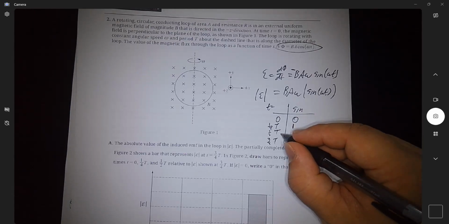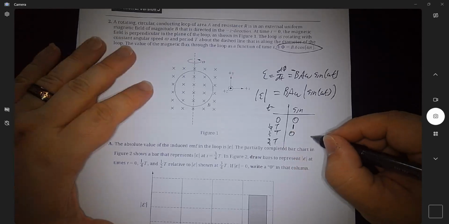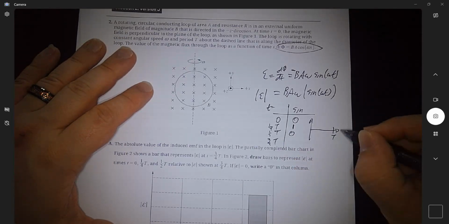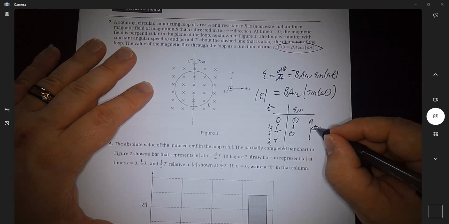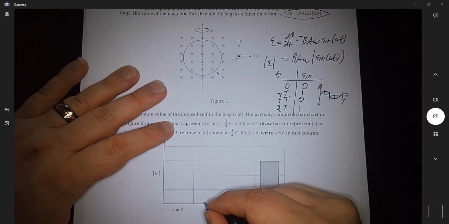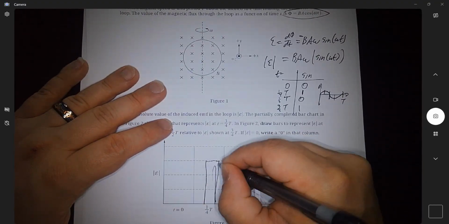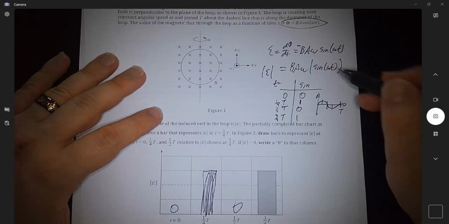And then sine at 1/2 of the period is 0, because sine goes like that, right? So at half the period it's 0. And the absolute value at 1/4 and 3/4 is the same, and these are 0 and 0. That's what I'm going to say for that.